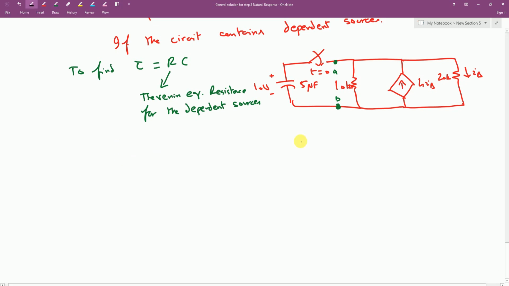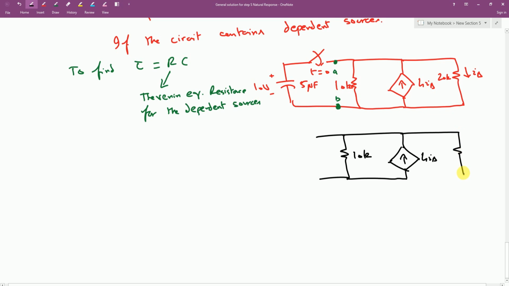So we have this 10 kilo ohm resistance. Here we have this controlled current source, that is 4I delta, and here we have the 20K resistance through which this I delta is flowing.